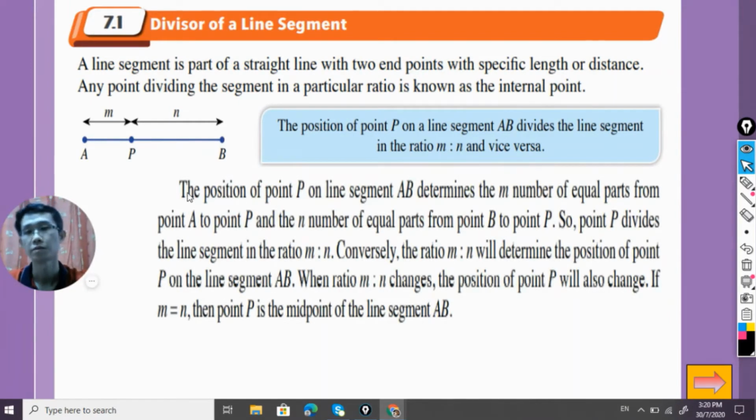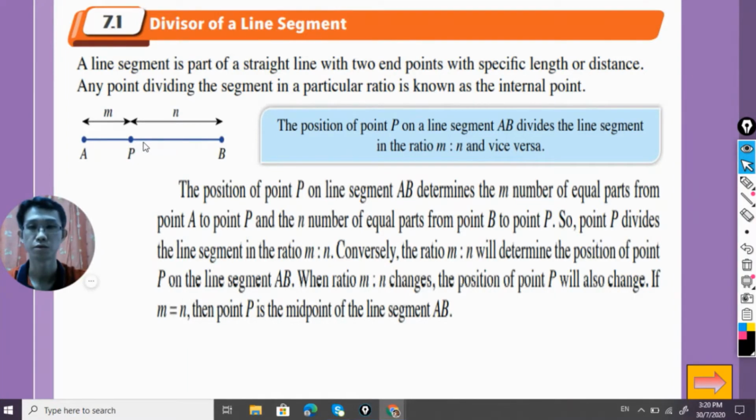So the position of point P determines the m number of equal parts for section AP and n number of equal parts for section PB. If the ratio m to n changes, the position of the point P will change too. If the value of m is equal to the value of n, then the point P will serve as the midpoint of the line segment AB.